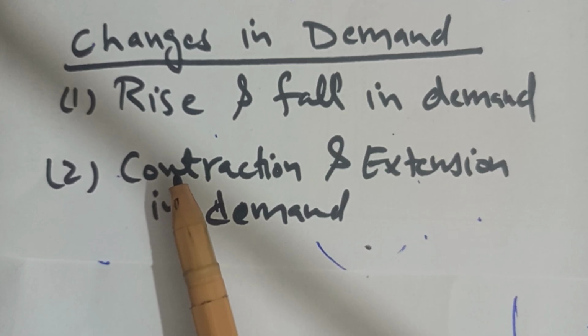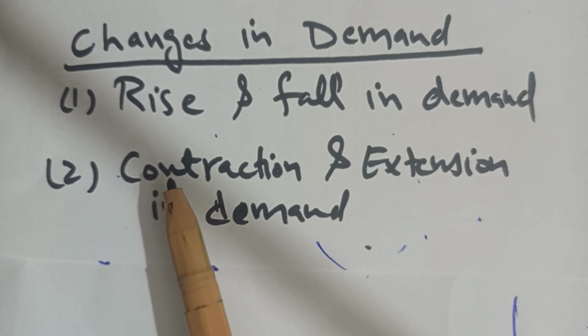Actually, the law of demand describes the extension and contraction in demand. It means demand increases or decreases due to changes in price only, and there is no other factor affecting the demand.